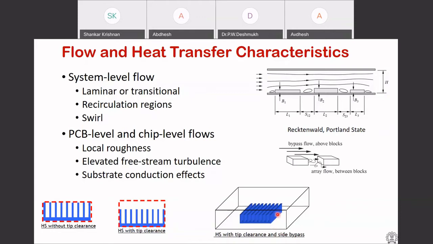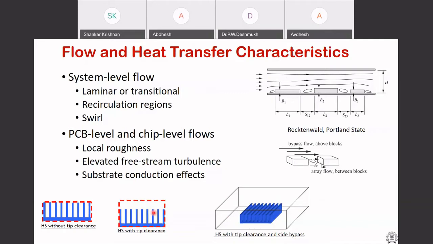This is a very common situation in telecom cabinets and even in server boards. And this ducted heatsink configuration is almost impossible to achieve on many occasions because of manufacturing tolerances. There will at least be some tip clearance on top of a heatsink.